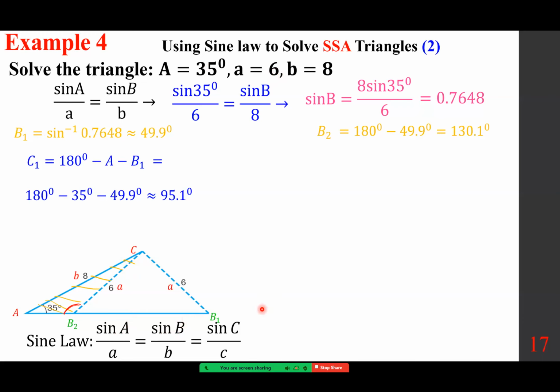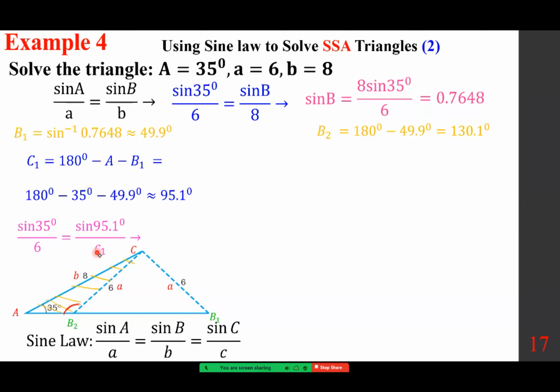In this case, sine C over c, because we already have the lower case b as well as uppercase B. So sine of C1, or 95.1 degrees, over c, and again, we're going to call it c sub 1 because there are two possibilities for c, everybody. c for the big one is AB1, this side. For the small one, it would be AB2. So from A to B1 is what we are getting at.